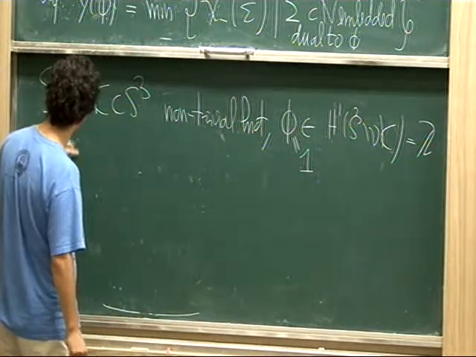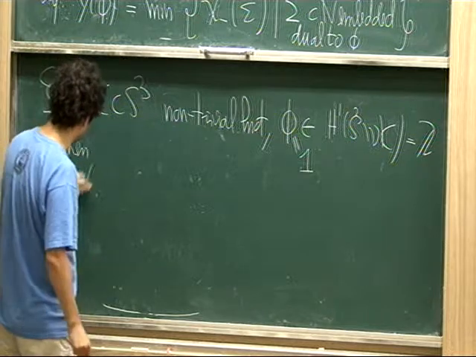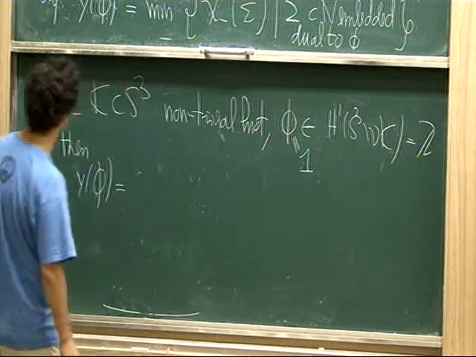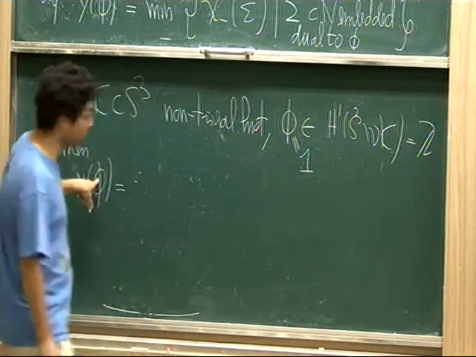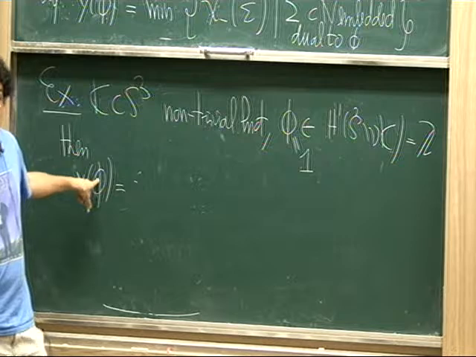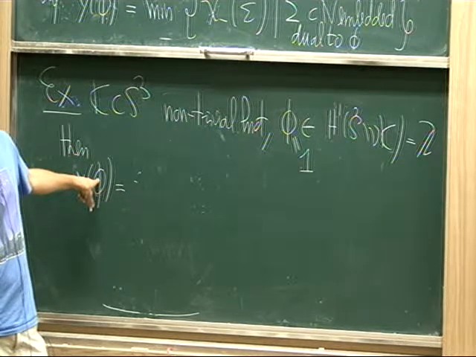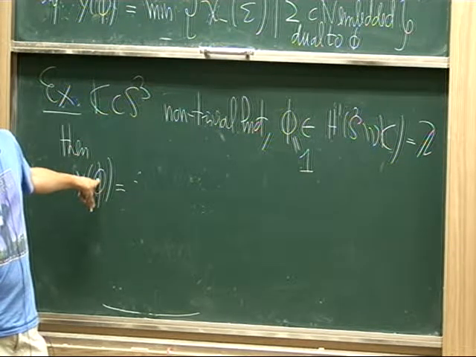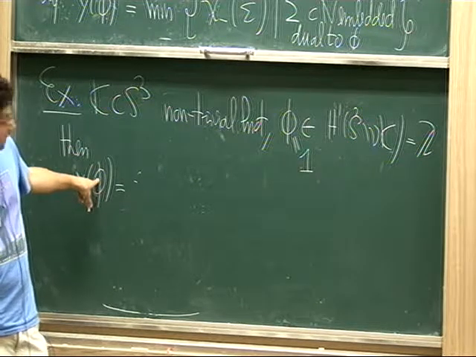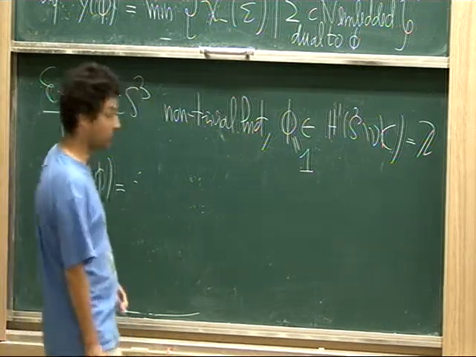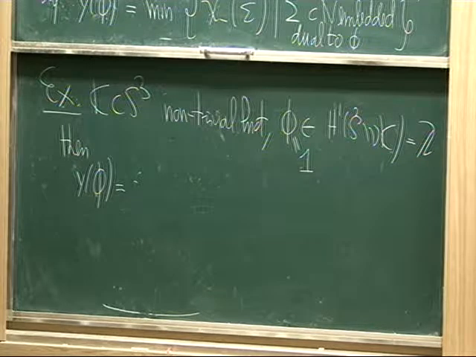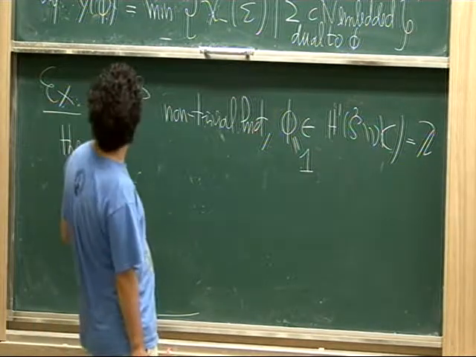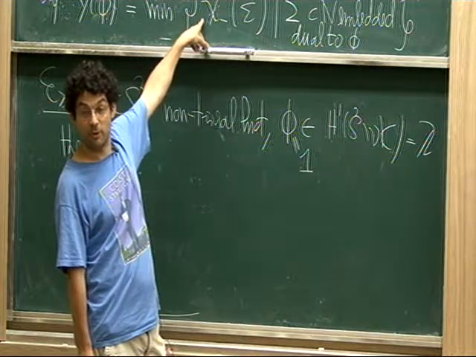And then my y of phi is, it's easy to see, the same as, so what is a surface dual to phi? If you think about it, a Seifert surface for K is dual to phi, and what knot theorists very often do is they look at the genus of K, meaning the minimal genus of a Seifert surface of K. And now here I look at not genus but Euler characteristic.